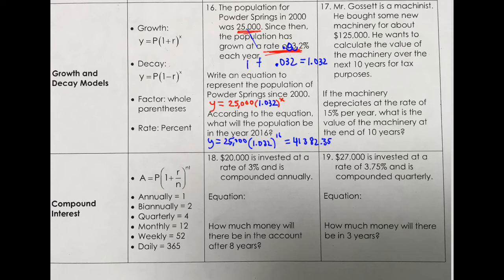But you cannot have 0.35 people, and so you just go ahead and put what's in front of the decimal, since we're dealing in people here. So the final answer here is 41,382 people.